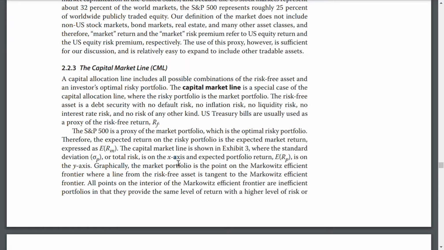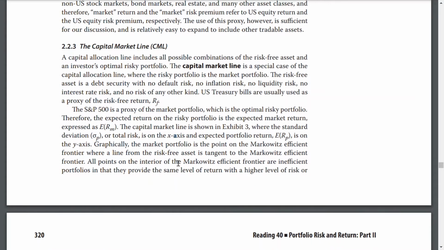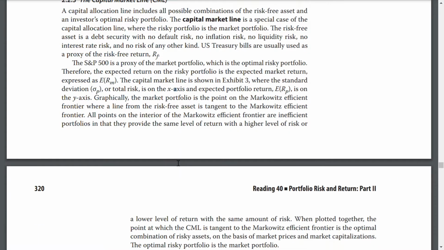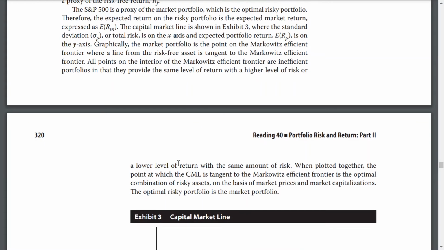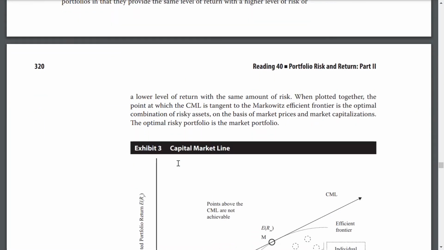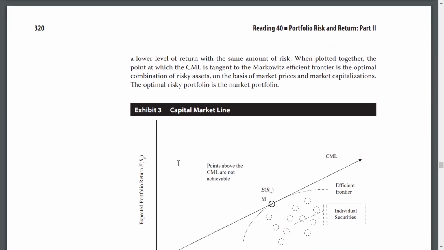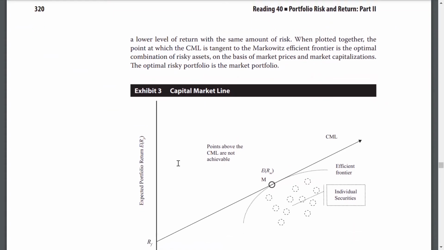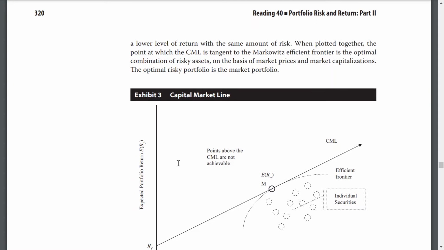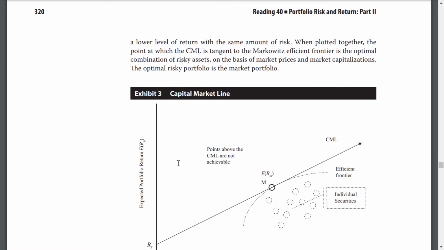All points interior to the Markowitz efficient frontier are inefficient portfolios that provide a lower level of return for the same amount of risk, or the same return at a higher level of risk. When plotted together, the point at which the CML is tangent to the Markowitz efficient frontier is the optimal combination of risky assets on the basis of market prices and market capitalization. The risky portfolio is the market portfolio.